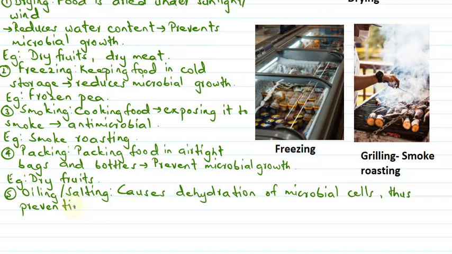When the microbial cells are dehydrated, their growth is automatically prevented. Sometimes oil is also used to preserve food. For example, this kind of preservation is done while making pickles.